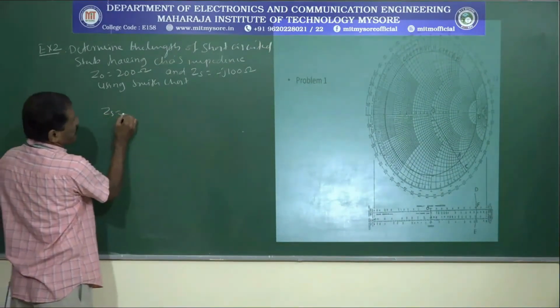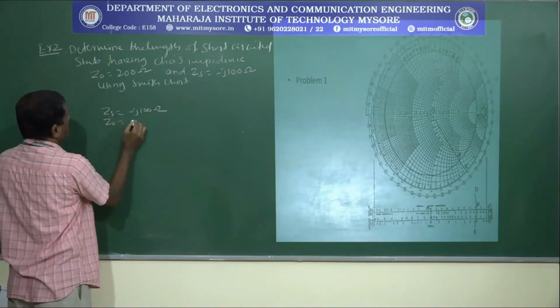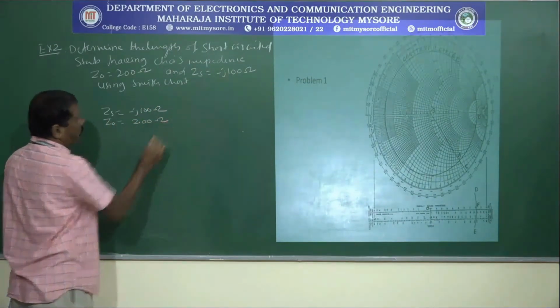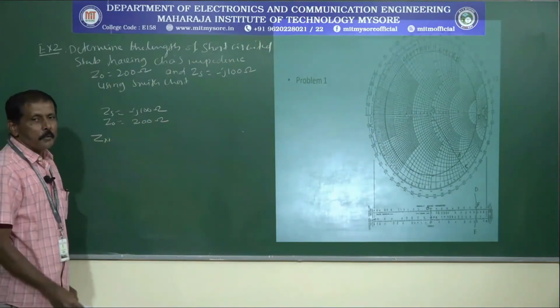Okay, Zs has been given, this is minus j 100 ohms, characteristic impedance is given, that is equal to 200 ohms. Now you have to calculate the normalized load impedance.